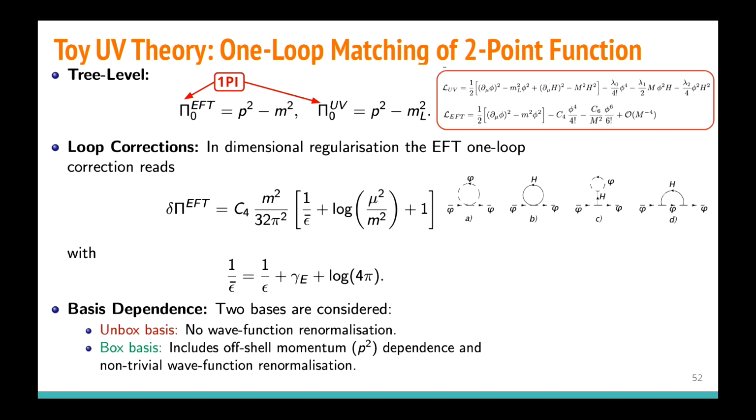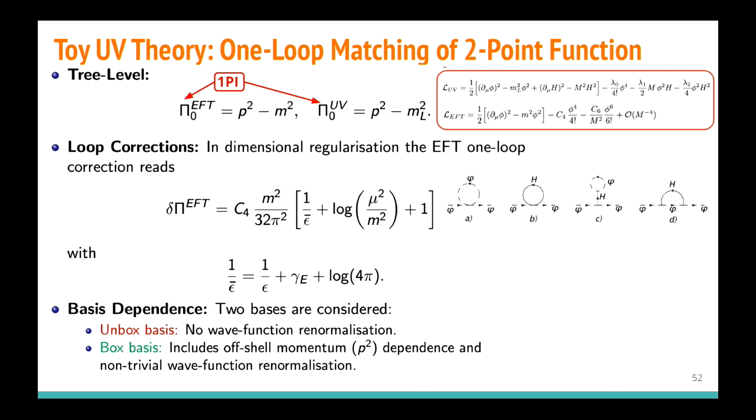Now if I use dimensional regularization, the EFT one loop correction, δΠ of EFT, would be in terms of this Wilson coefficient: C_4 m²/(32π²), then we'll have this 1/ε̄, because we are doing this calculation in d − ε dimensions, where 1/ε̄ is defined as 1/ε plus the Euler constant plus log of 4π, plus we'll have a log of μ²/m², where this μ term comes from the dimensional regularization, plus 1.